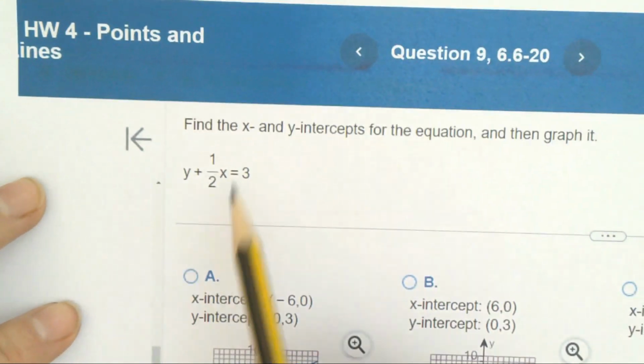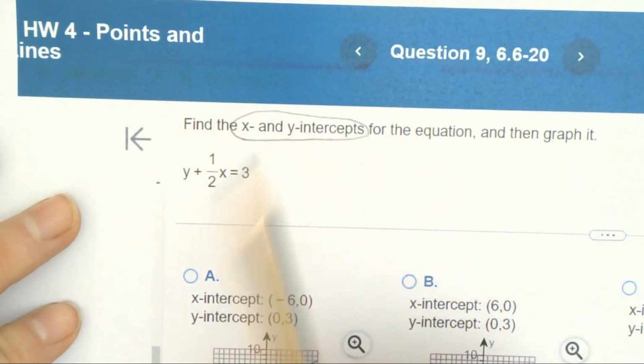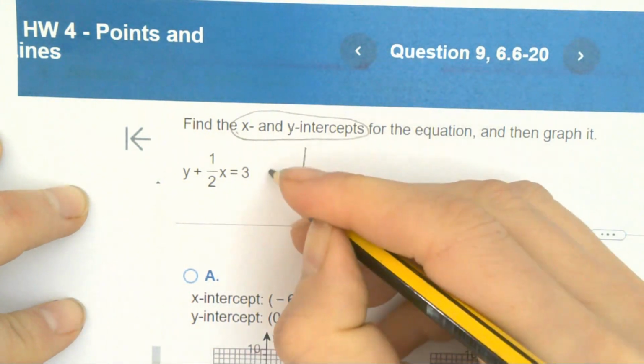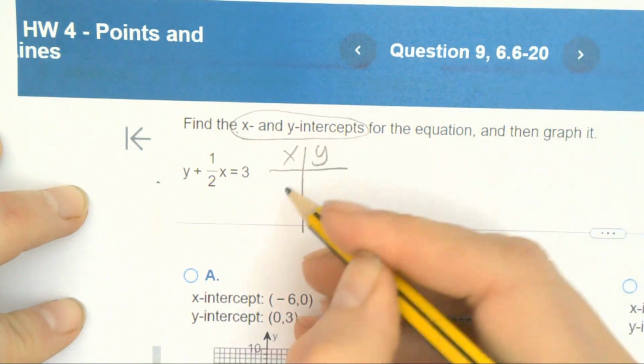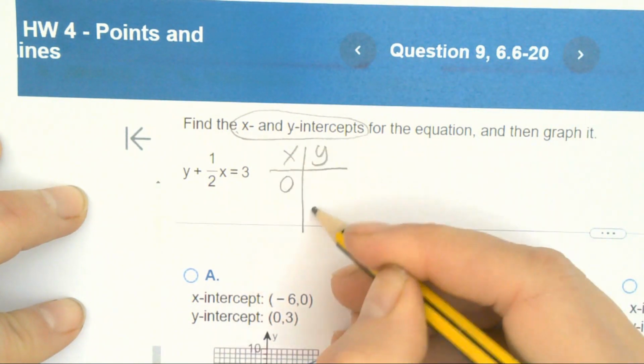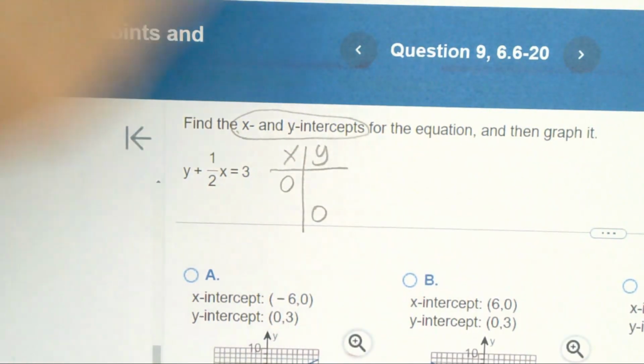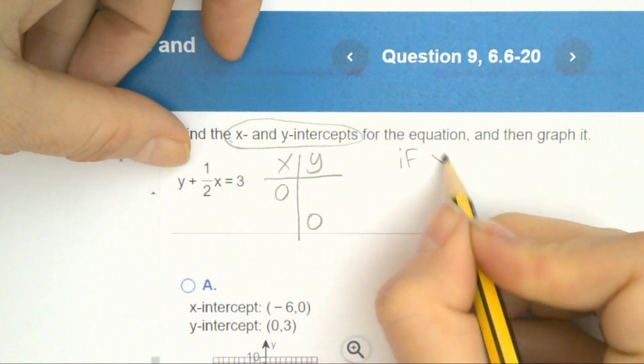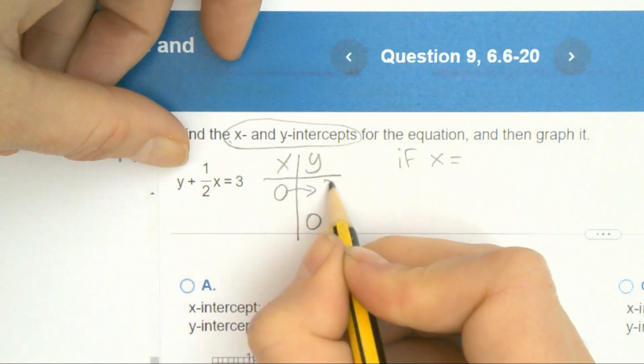So it says find the x and y intercepts for the equation. How many x and y intercepts are there? 2. 1, 2. So what we do is we make a table of values, and for x and y intercepts, we always use the zeros. Okay? So we say, if x equals 0, what is y?